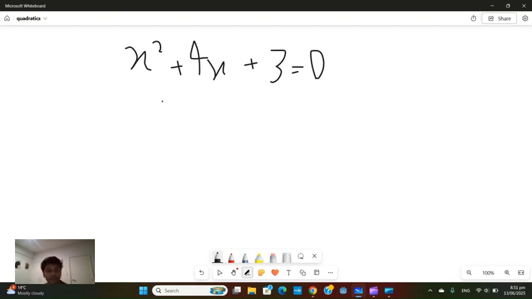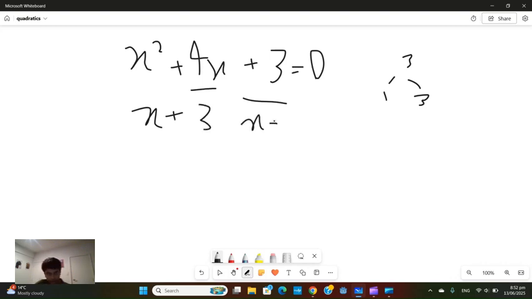Okay, so we're going to factorize this. What multiplies to this but adds to this? If we want to, you can list out the factors of 3: 1 and 3, and those add to this. For many numbers, it's not going to be that simple. So, x plus 3, x plus 1.